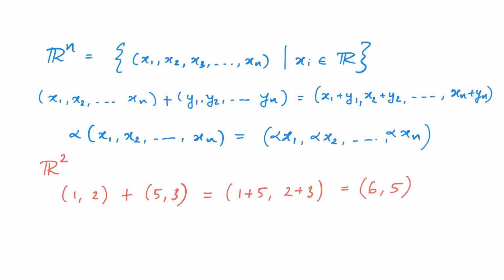So this is the addition of the two elements 1, 2 and 5, 3. Now let us multiply the element 5, 3 with a number, say square root of 2. When you multiply, you will get 5 root 2, 3 root 2. And this way you play with many more examples and try to get a better understanding of this concept. This extra structure of Rn is very useful and we will keep revisiting this throughout the course.